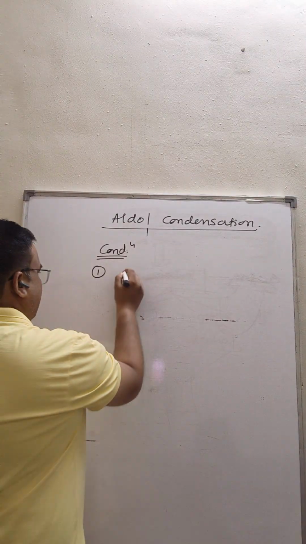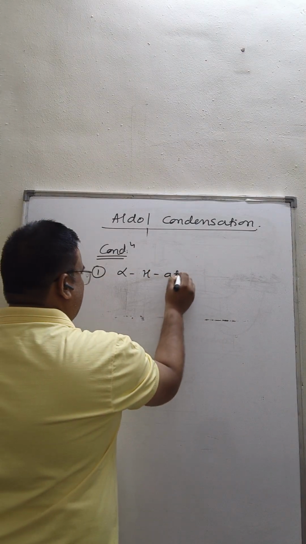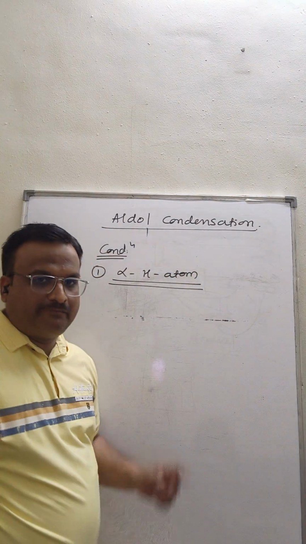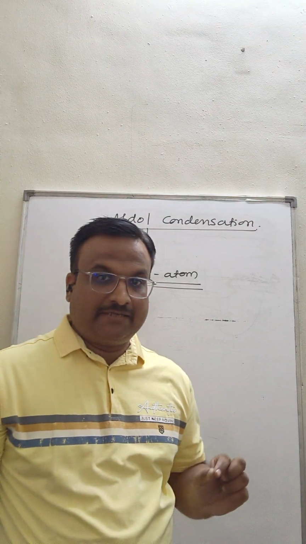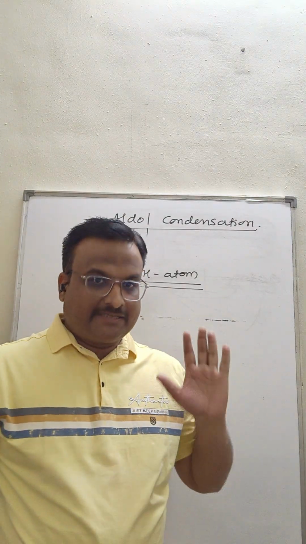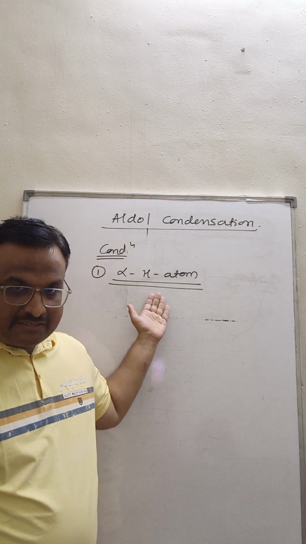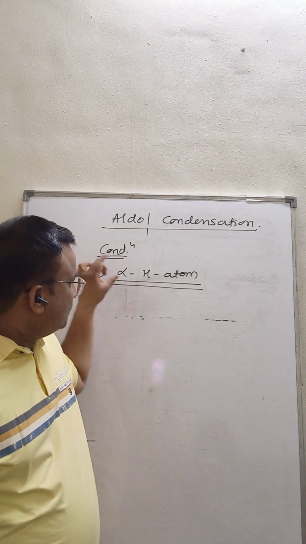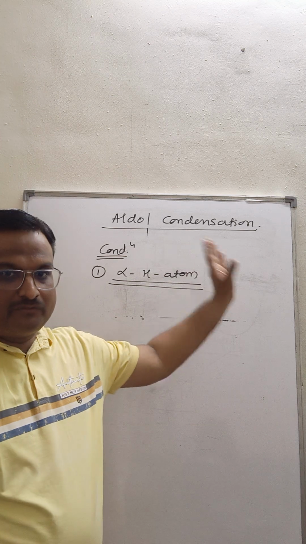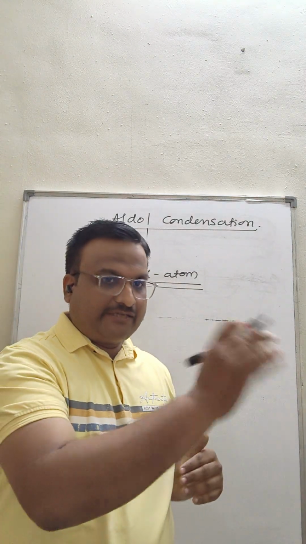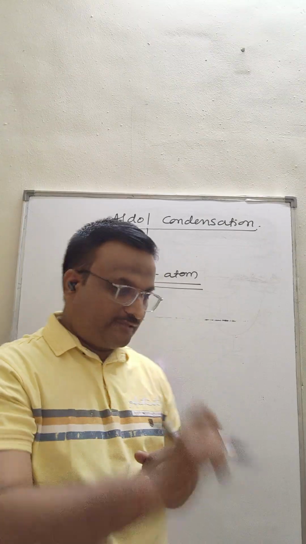Why do we need an alpha hydrogen atom? Because the alpha hydrogen atom has acidic character by nature, so it can be easily removed from the aldehyde molecule so that it is easily converted into the nucleophile. Okay, first point.